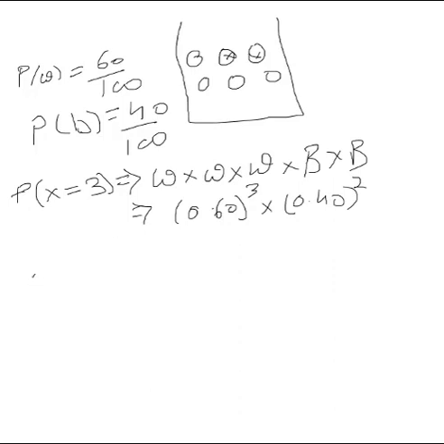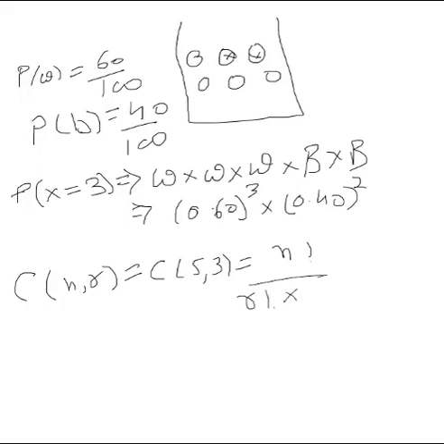The number of combinations where we can get 3 white balls in 5 attempts is given by the combination formula. We can do 5 choose 3, which is n factorial over r factorial times n minus r factorial.